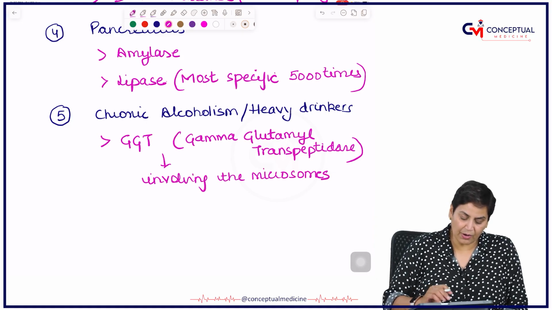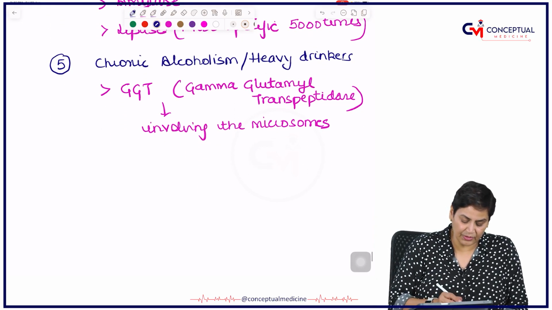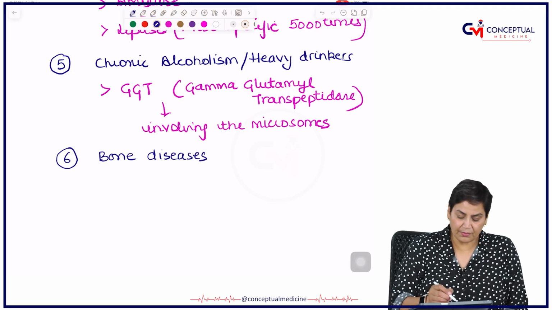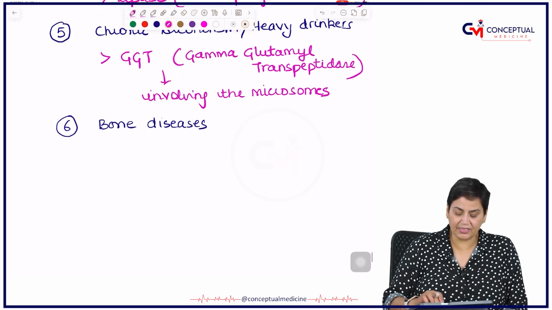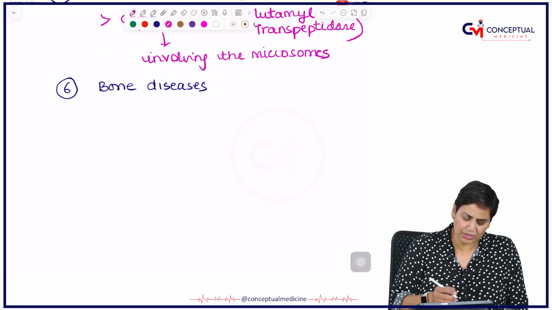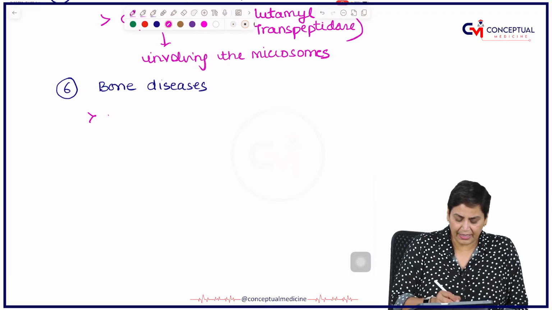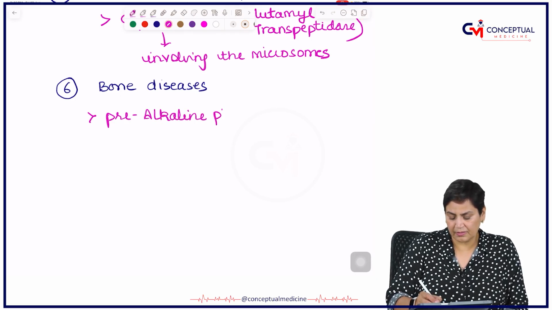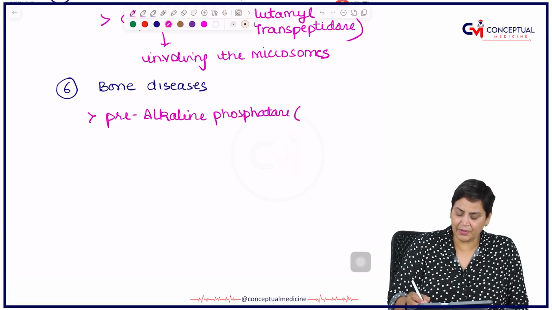Then if we talk about the enzymes related with bone diseases, the most important one is obviously alkaline phosphatase, or ALP.